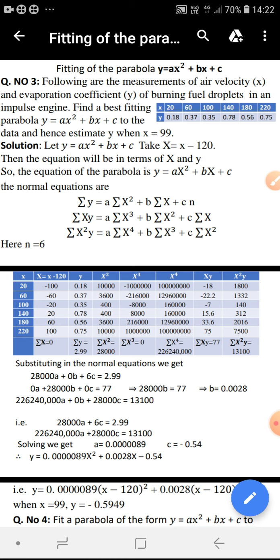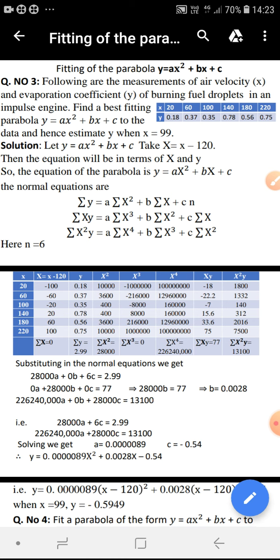So we can take capital X as small x minus 120. That means we are changing the variable x to capital X. We need not change y value, so we'll keep small y as small y itself.